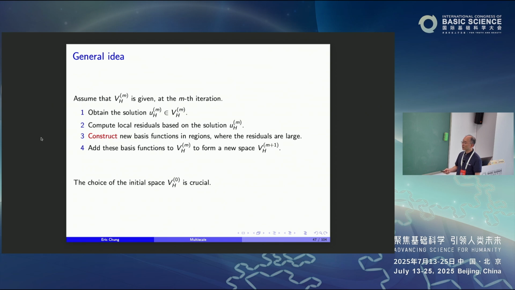And then you look at the local residuals for the current solution u_m. But instead of using the basis functions from the library, which we already have, formed in the offline stage, we try to construct new bases by looking at the residual, and then we add the bases to the space and then repeat.